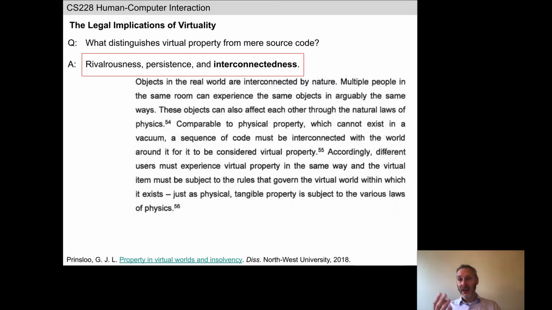So like physical property or physical objects, different users must experience the virtual property in more or less the same way. So we're all inside of a virtual environment. We're all looking at the same virtual property. We might be seeing it from slightly different points of view, but we're all having more or less a similar experience of that virtual property.